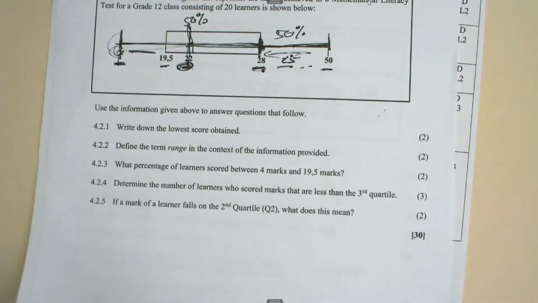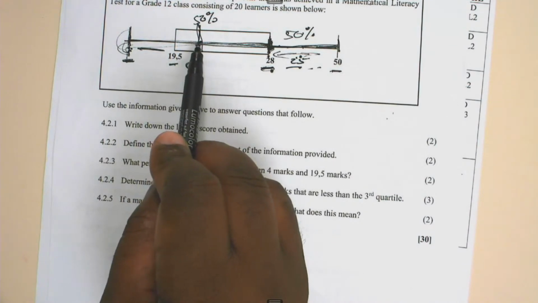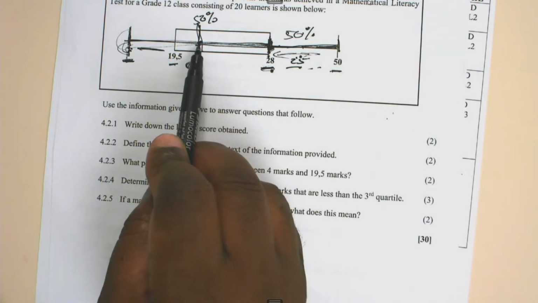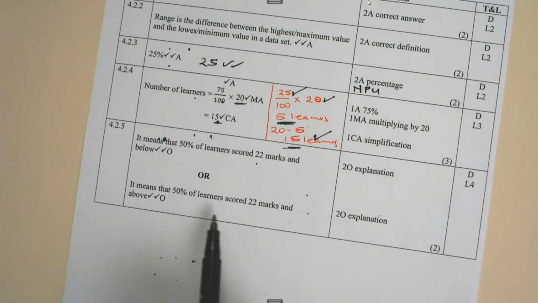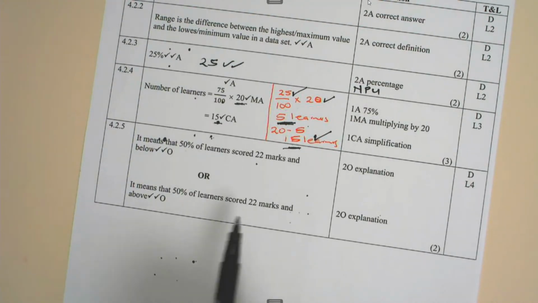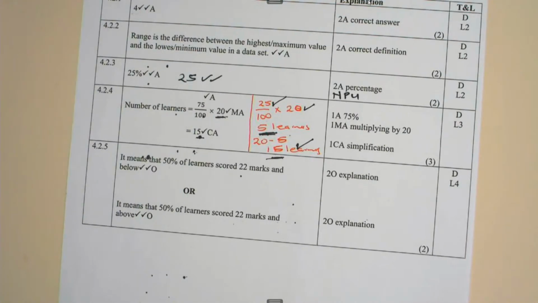So learners will get 2 marks if they write the correct explanation there.